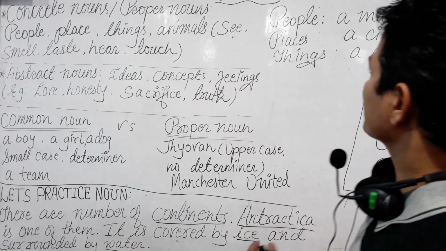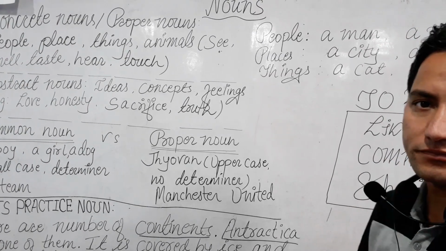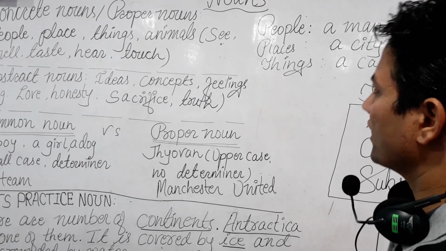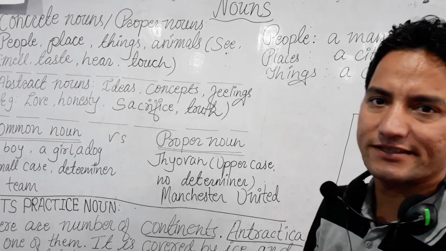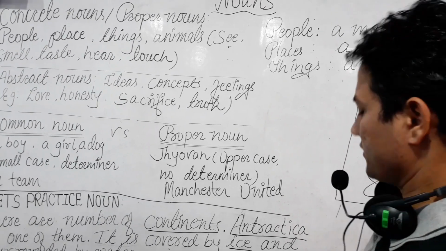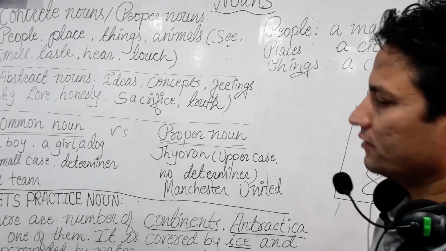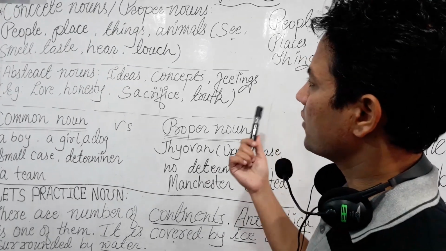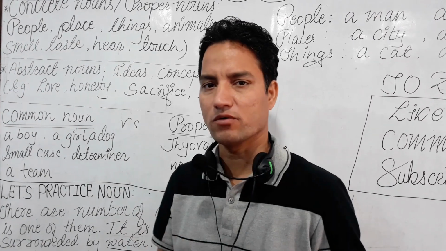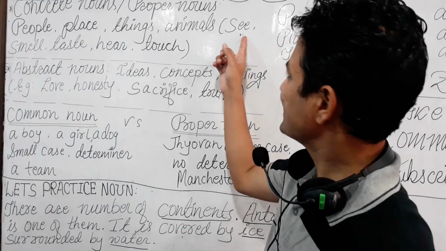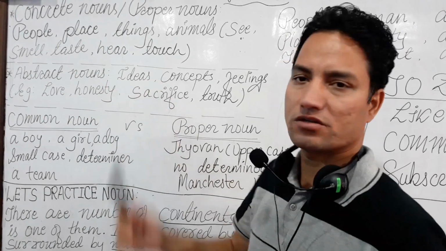For example, if you talk about people, a man, a woman, that is a concrete noun. If you talk about places, a city, a village are other examples of concrete nouns. Similarly, if you talk about things, a cat, a marker are concrete nouns. In other words, concrete nouns are those nouns which we can see, smell, taste, hear and touch.